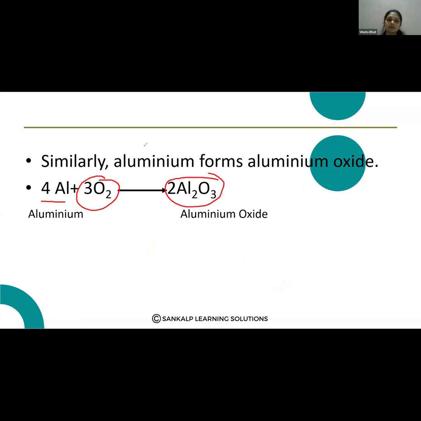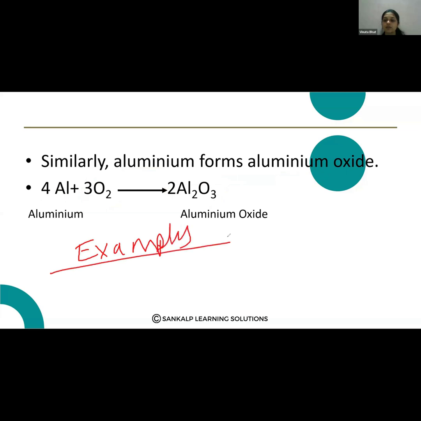They will give the definition like aluminium forms aluminium oxide when it is burned with the air. So these examples are very important. Please practice the examples. First one is copper and the second one is aluminium.